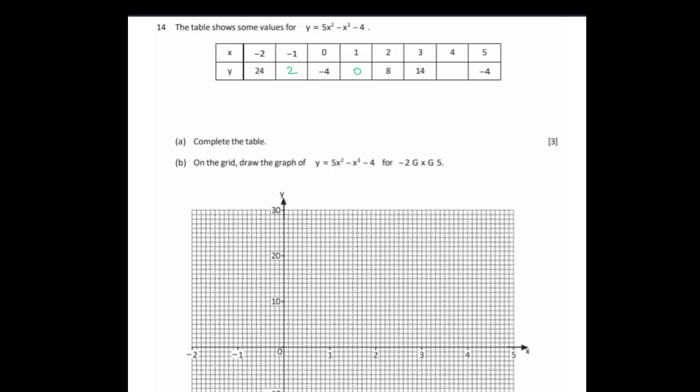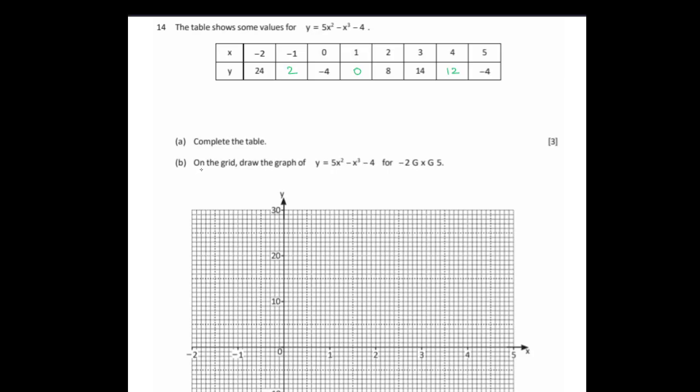So now take the cursor and delete, make it 4. So we got the answer 12. Next, complete the table is done.